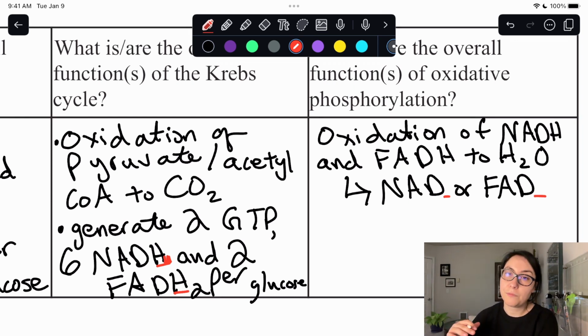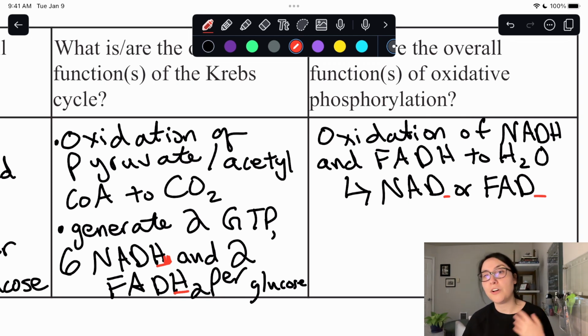This is part of why it's important to know how this all works, because it explains the pH of the human body, where pH is lower in our stomach acid versus the pH of the rest of our blood. It differs in different areas of our system for this reason.